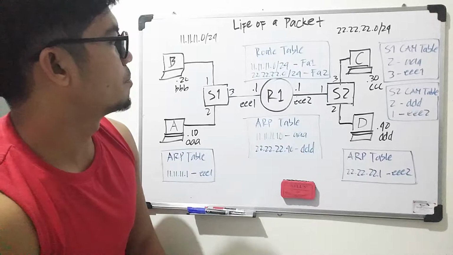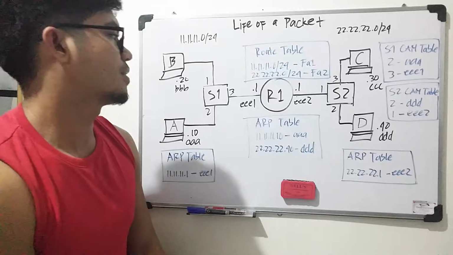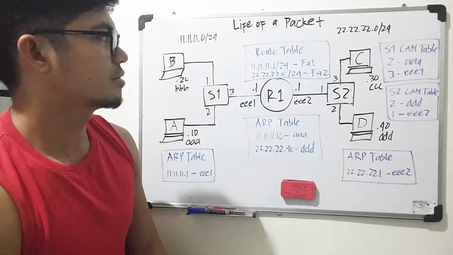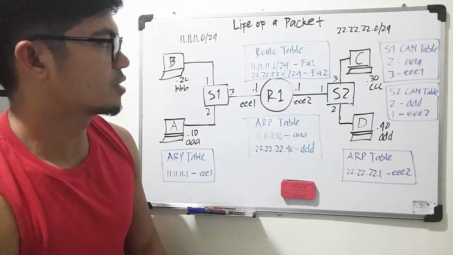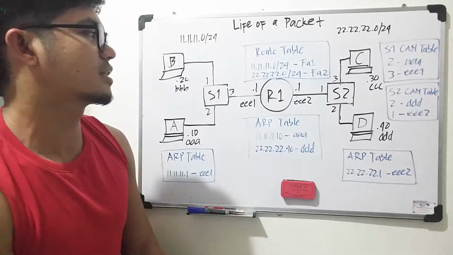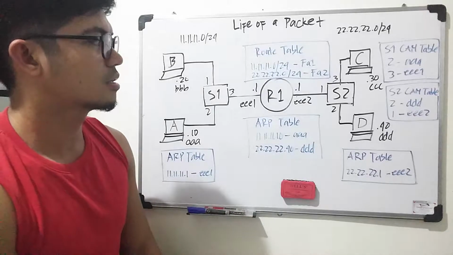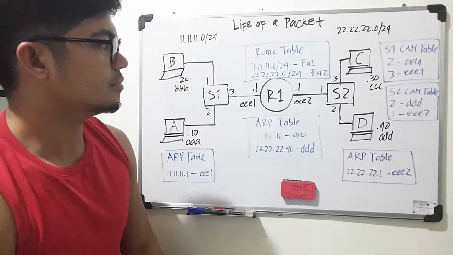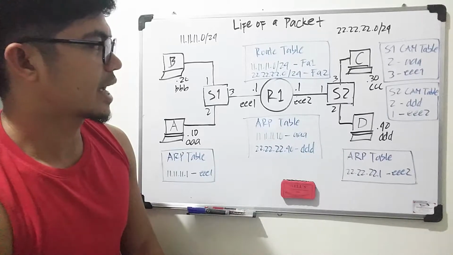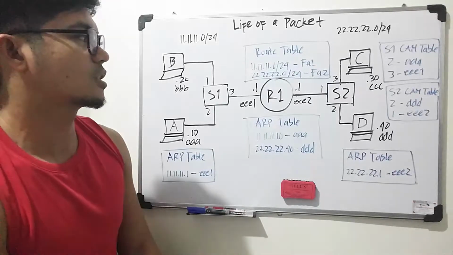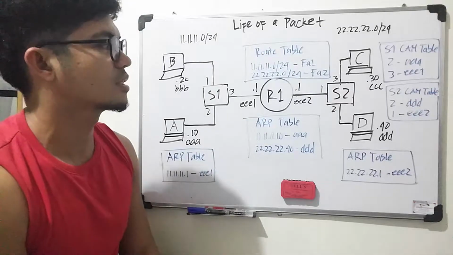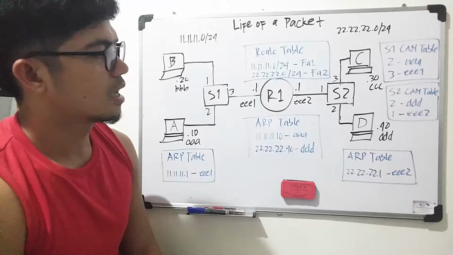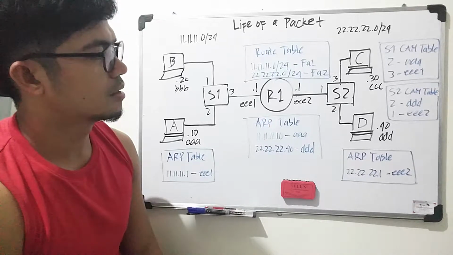So basically router 1 is going to have the data, the layer 3 header, and of course the layer 2 header. But in the layer 2 header, it's just going to have its source MAC address, and it doesn't have the destination MAC address yet. So that's why it's going to create an ARP request for host D's MAC address.